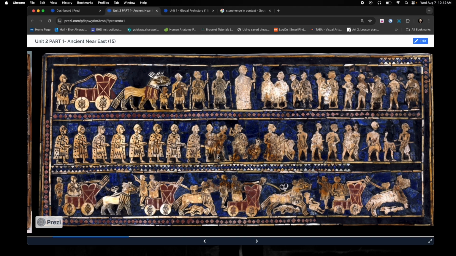We need to talk about this. The war side is divided in 3 horizontal registers, right? And this is also the first example of something called a continuous narrative. And I'll get into more of that later. This is when you see the same person in the same work of art, but they're repeated.